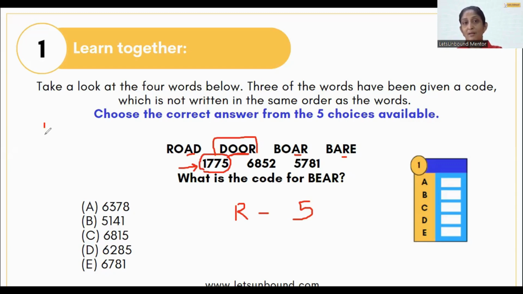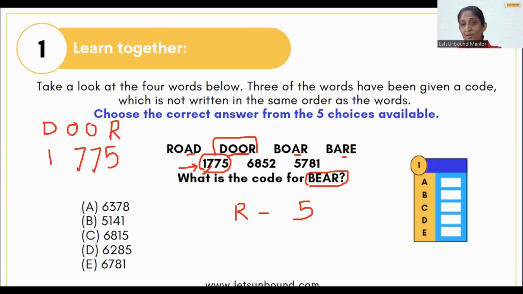So from this, we understand that DOOR is standing for 1775. Okay, so we are now clear that D is 1, O is 7, and R is 5. But none of the words is used except the R. None of the words is used in BEAR's word count.